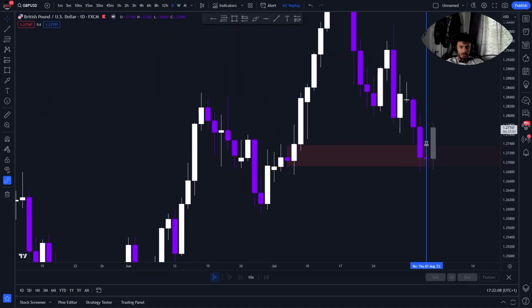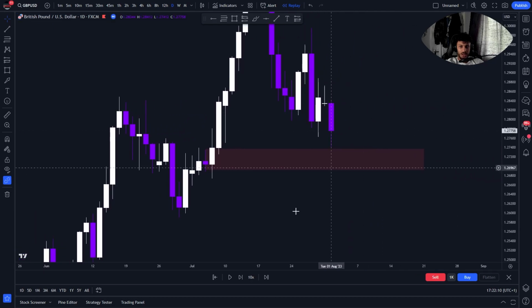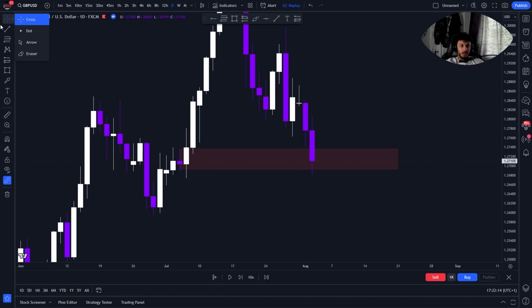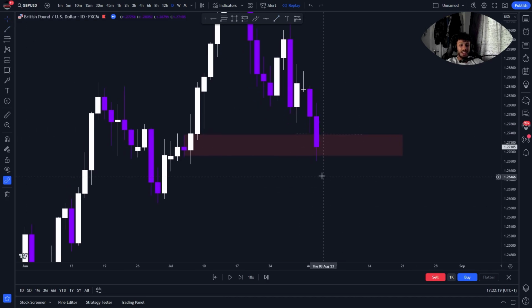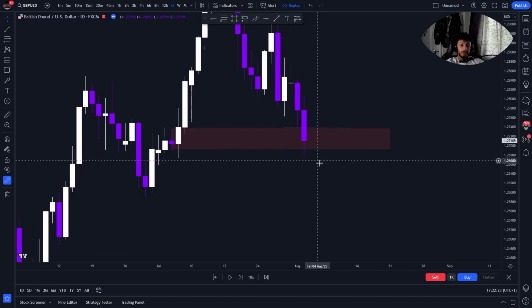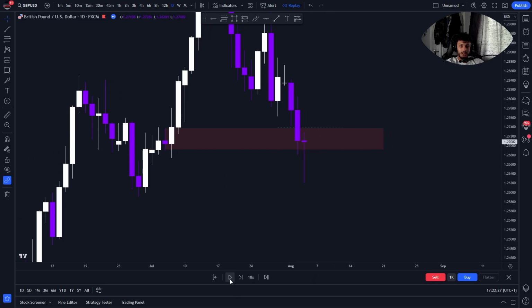Go back one candle, guys. Price taps in. One candle. Boom. Price taps in. Price breaks the previous low. So where do I believe the next candle will really expand to? I don't believe that price will continue any higher. I do believe that price will break lower. So the next candle comes in, boom, the next daily candle, as expected, the expansion goes lower.